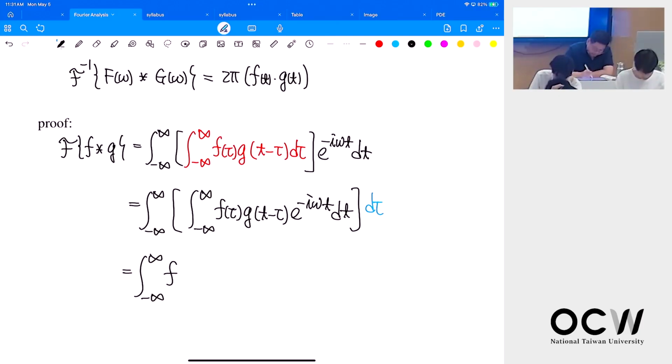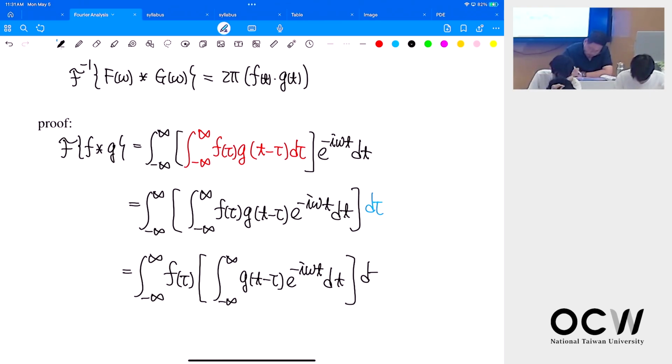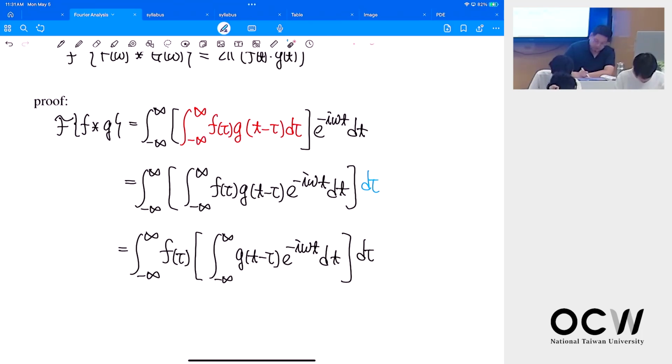So I have f of tau, and then g of t minus tau e to the minus i omega t dt d tau. So first, what is this one?